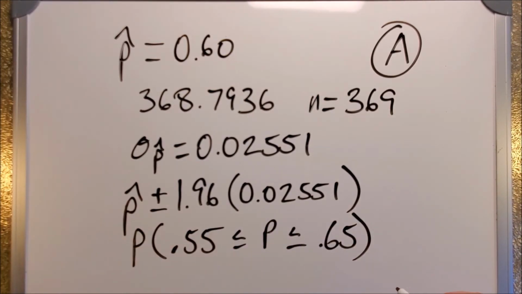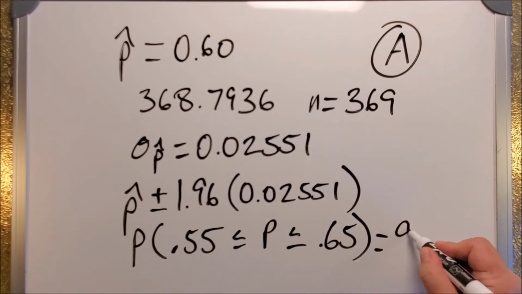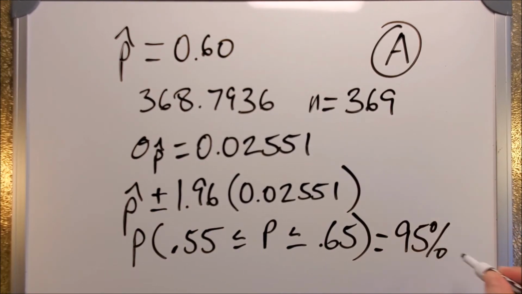I'm going to use a percentage this time rather than a decimal. We say that the probability is 95% that the true population proportion would be between 0.55 and 0.65.